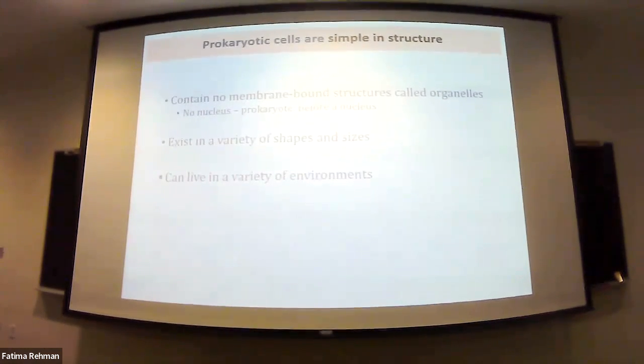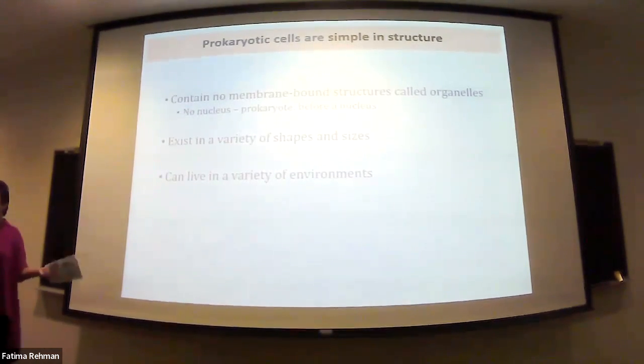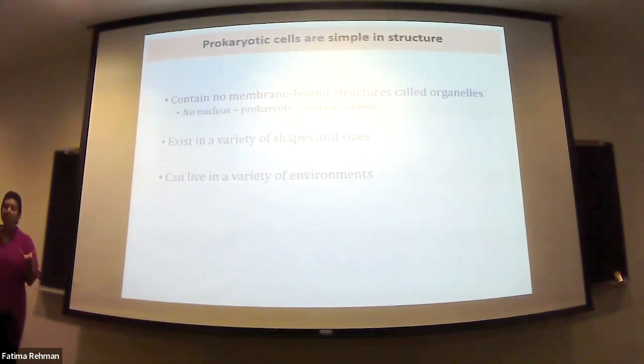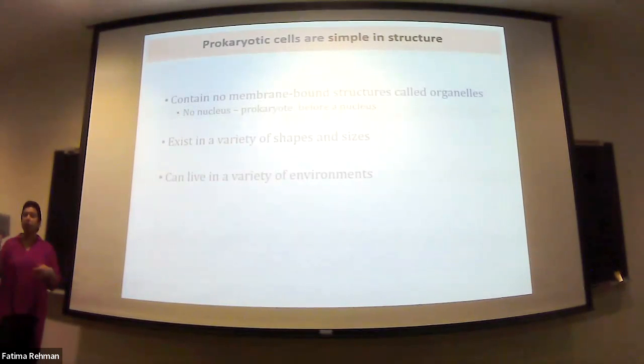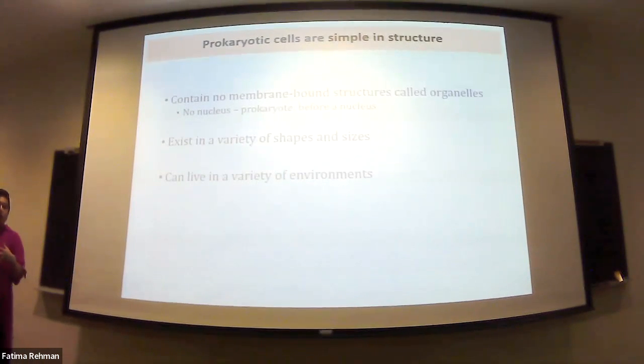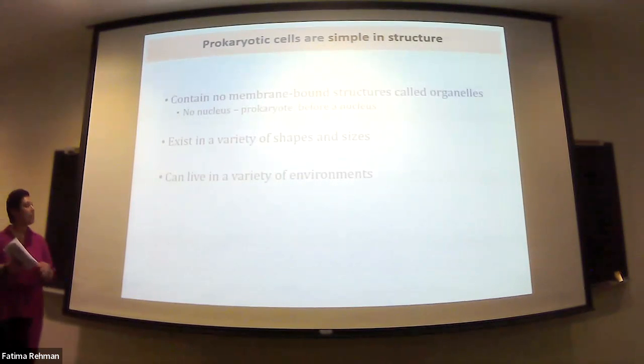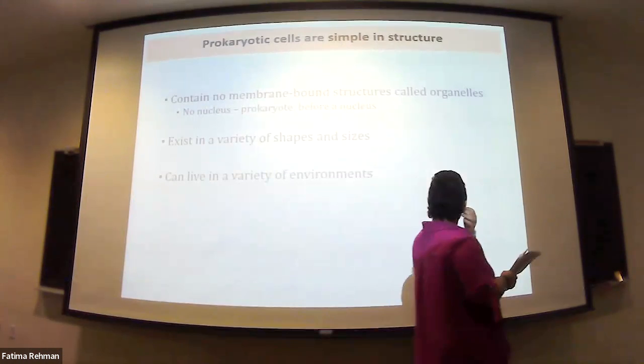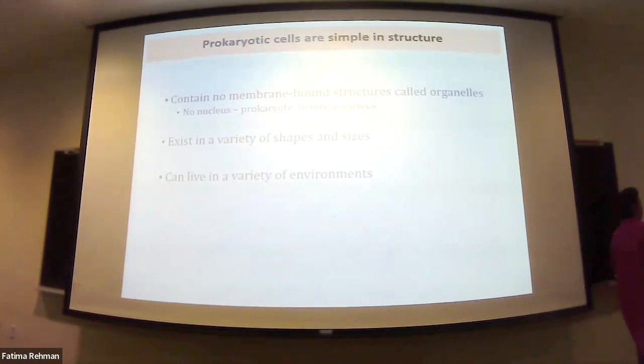They come in a variety of shapes and sizes still, right? You can have rod shape, you can have plate shape, you can have round, right? So there is still a lot of variety within there, and they can live in a larger variety of environments than any eukaryote would ever do. So they are able to survive. Many of them are thermophiles, or they can live in very hostile, hot springs or any such thing. So they have a really big variety of spaces that they can survive in due to their coping methods.